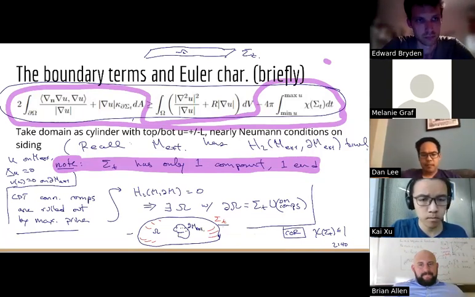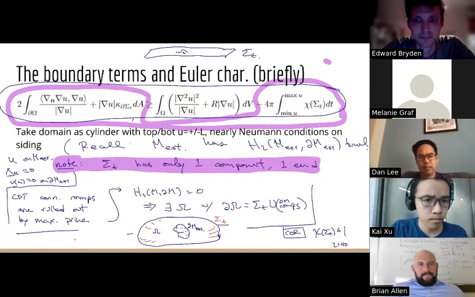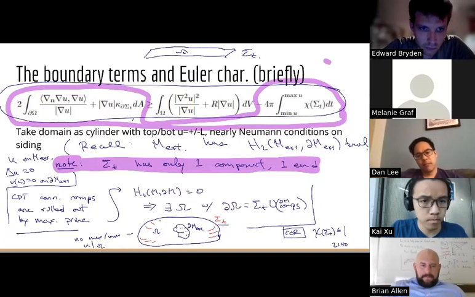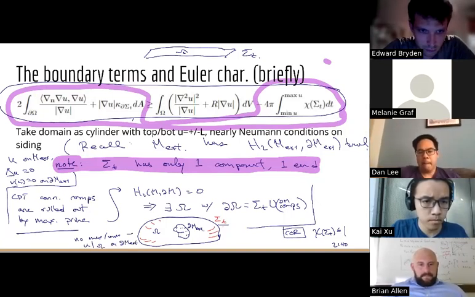And this would violate the maximum principle, because by the Hopf lemma, there can be no max or min of U on this region omega on the boundary of the exterior. That's by Neumann.